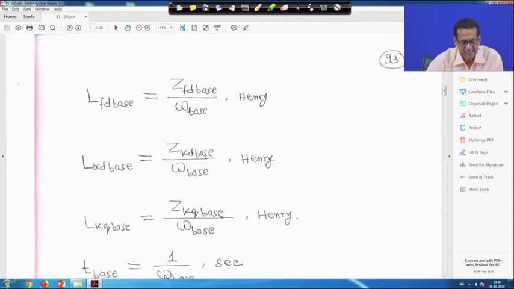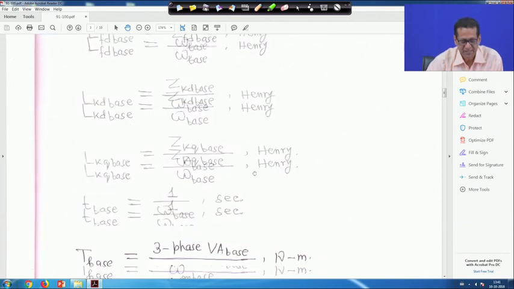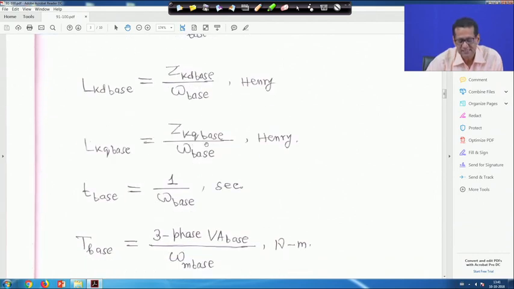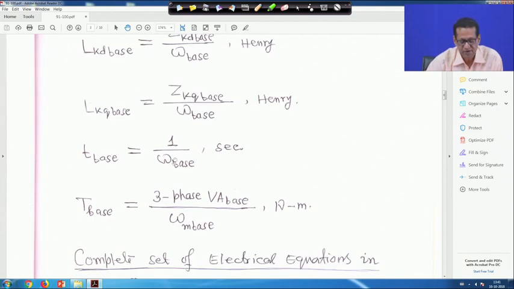Then LKD base is equal to ZKD base upon omega base. This is also Henry. LKQ base is equal to ZKQ base upon omega base. This is also Henry. T base is 1 upon omega base. This is second. And torque base is equal to 3-phase volt ampere base upon omega mechanical base. This is Newton meter.